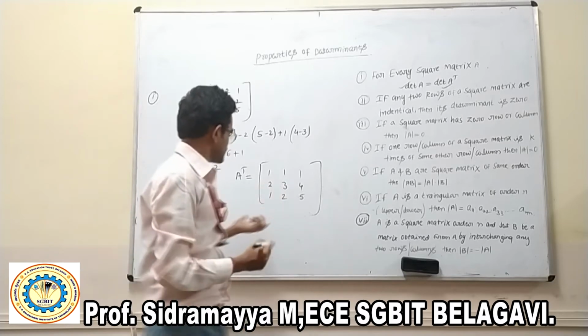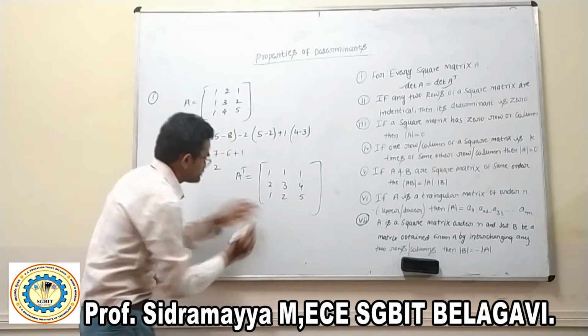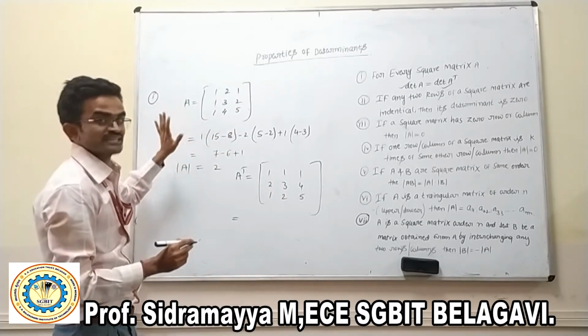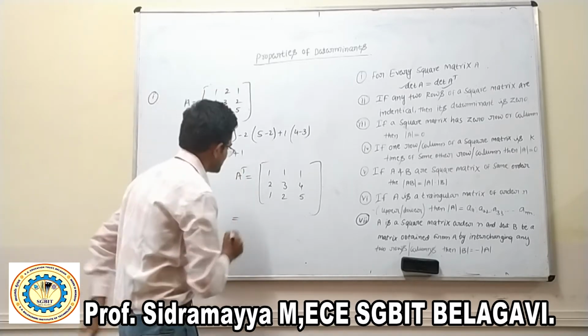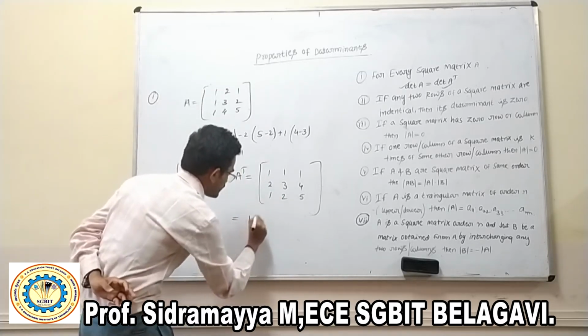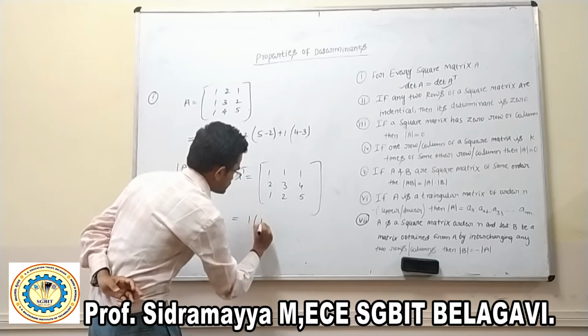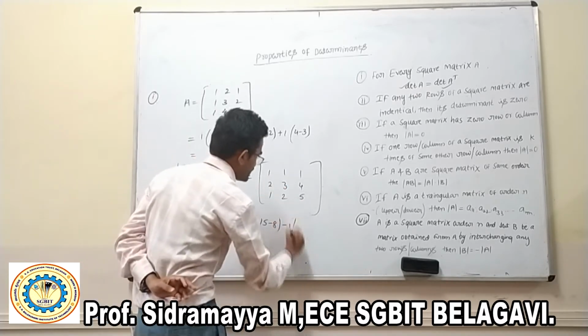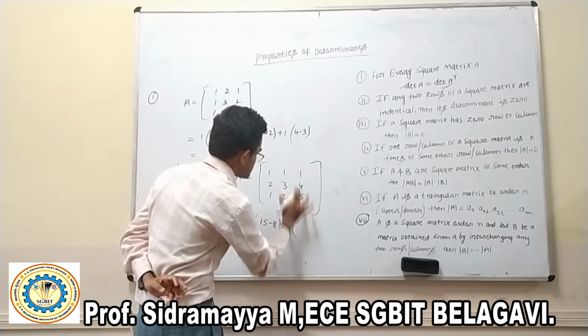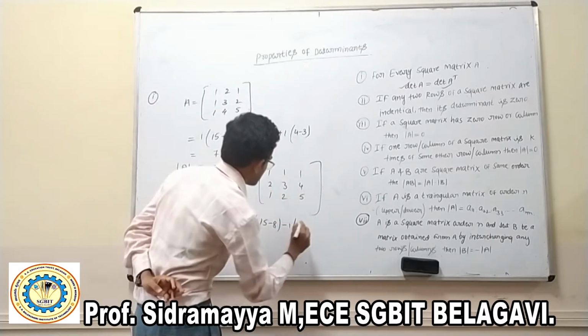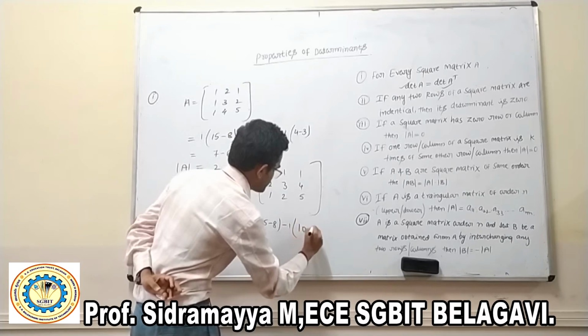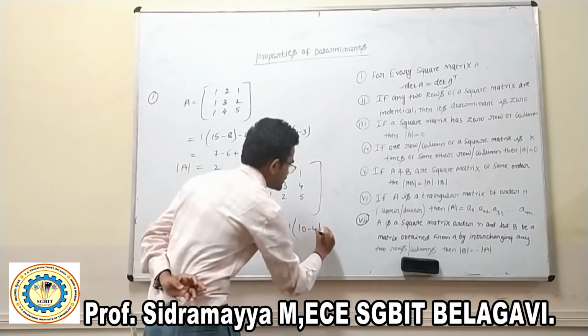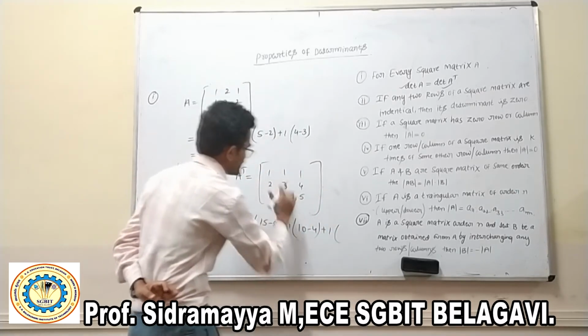Now calculate the determinant of this. That should be equal to the determinant of A as per the property. So 1 into (15 minus 8), minus 1 into (10 minus 4), plus 1 into (4 minus 3).